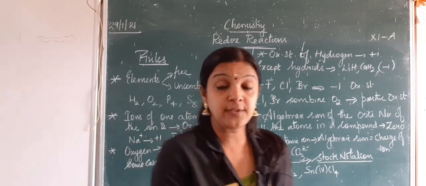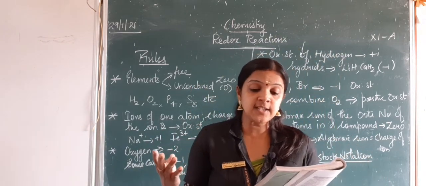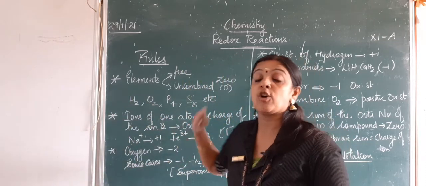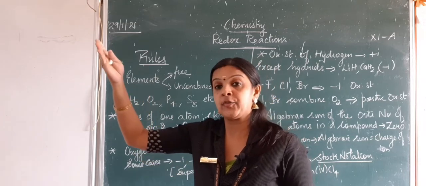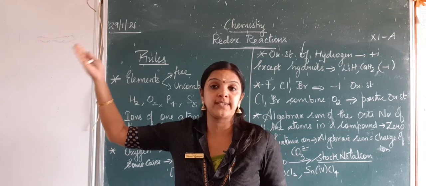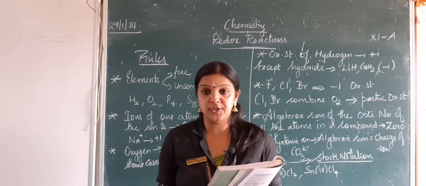If you see the definition given in your textbook, oxidation is an increase in the oxidation number of the element, because there is always a loss of electrons, and the oxidation state increases from 0 to +1, +2, +3 and so on. Reduction is a decrease in the oxidation state.